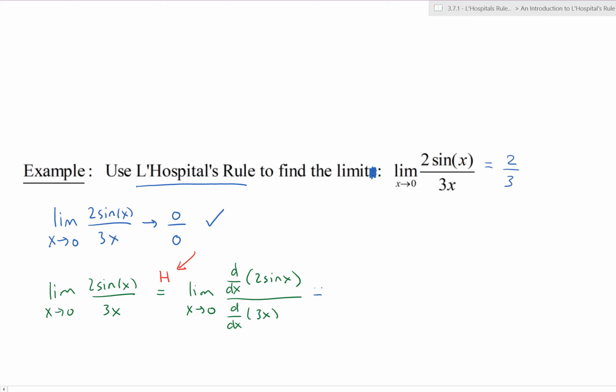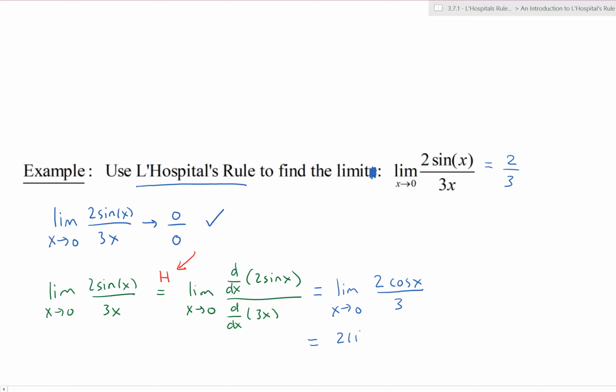All right, this is going to be the limit as x goes to 0 of the numerator there. Differentiating 2 sine x with respect to x gives us 2 times cosine of x. And clearly the denominator has a derivative of just 3. And so now we can actually evaluate this limit because, of course, cosine of 0 is 1.